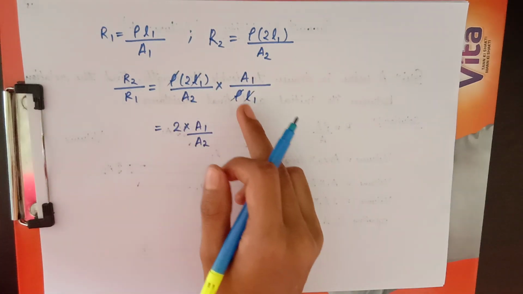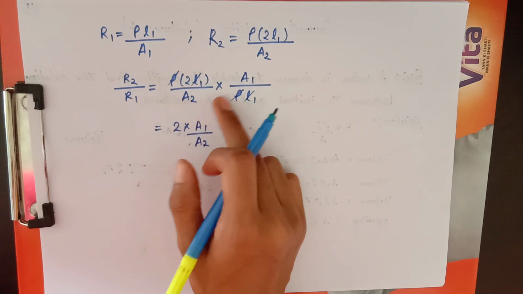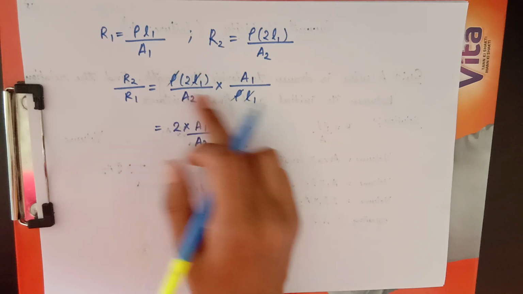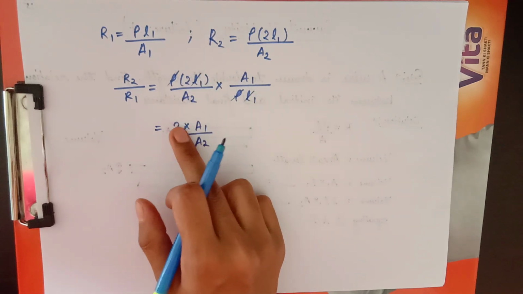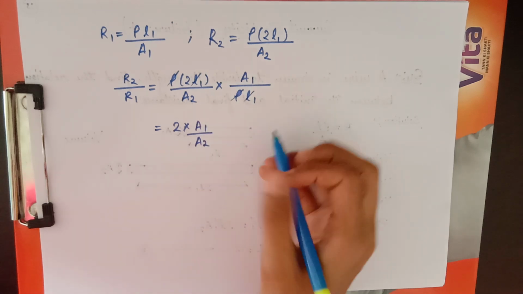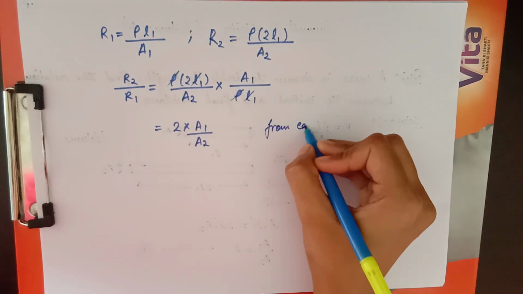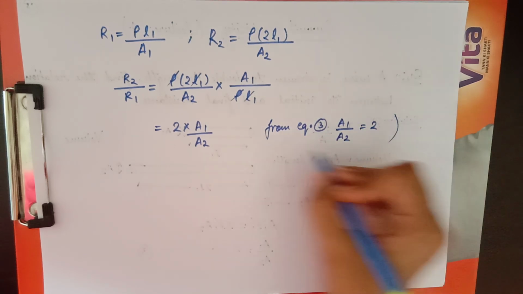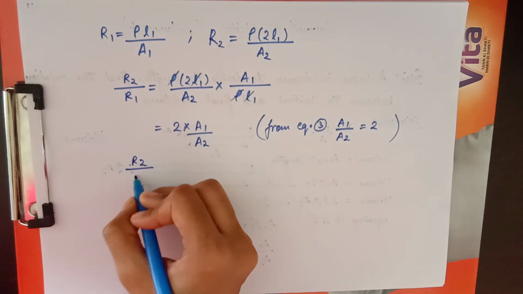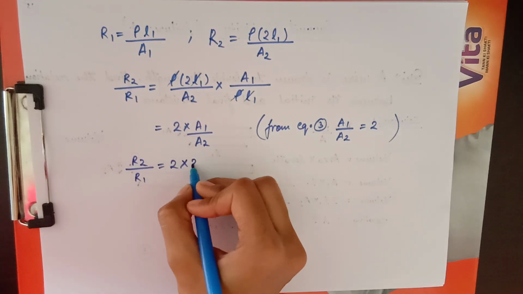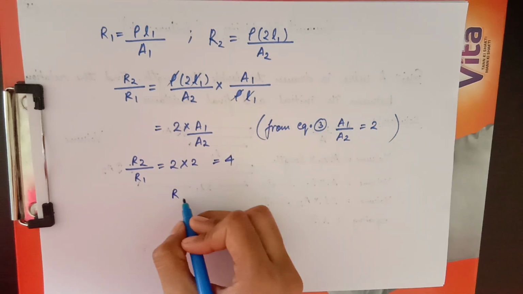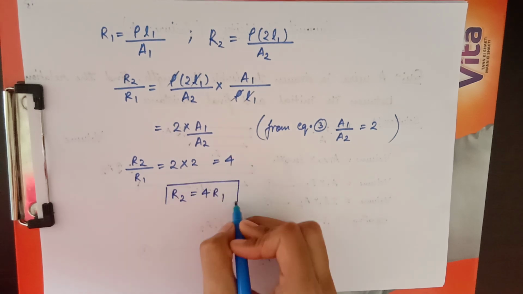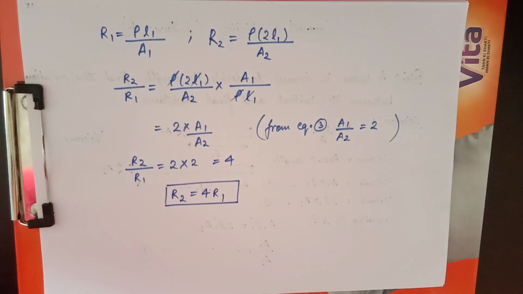R2 by R1 comes out to be rho 2L1 divided by A2 into rho L1 divided by A1. So L1 and L1 cancel out, rho cancels out. So I am left with 2 into A1 divided by A2. And from equation number 3, A1 divided by A2 is equal to 2. So R2 divided by R1 will be equal to 2 into 2, that is 4. So the relation between initial and final resistance is R2 is equal to 4 times R1.